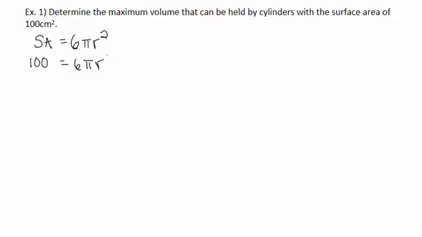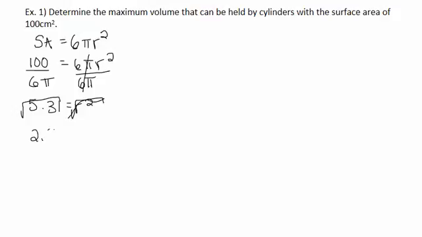So let's divide both sides by 6 pi. These cancel out, and we're left with 5.31 is equal to r squared. And finally, let's take the square root of both sides, and again these will cancel out, and we're left with 2.3 centimeters as our value of the radius.